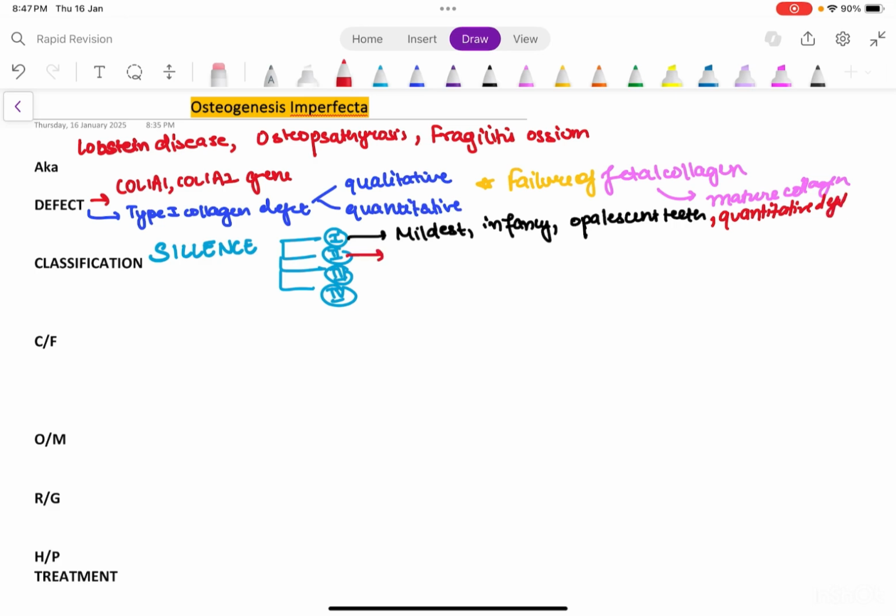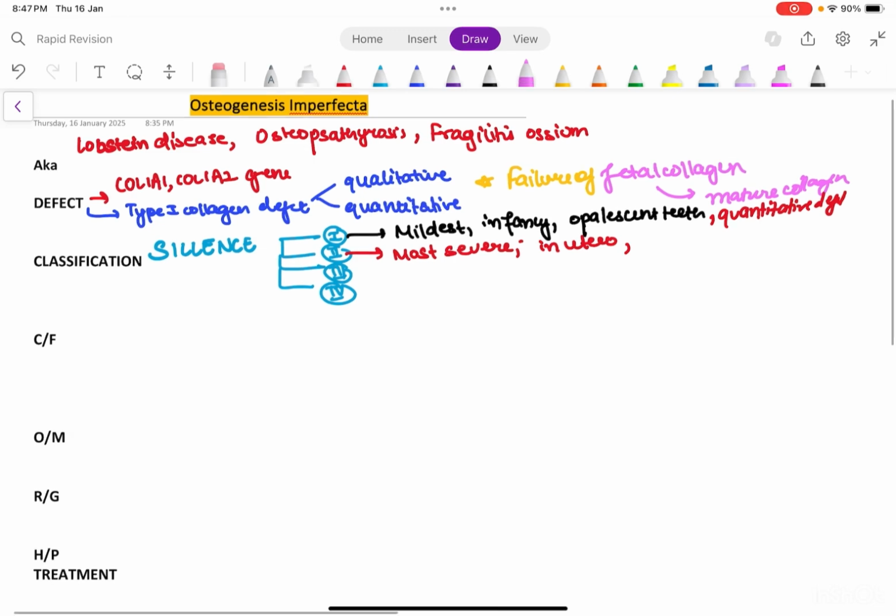Whereas in part 2, you need to remember that it is the most severe and it is usually seen in utero, and you will observe fractures and everything, and it is a qualitative defect. Now you can just remember as all other types are qualitative defects. All right, and these are also seen in infancy.